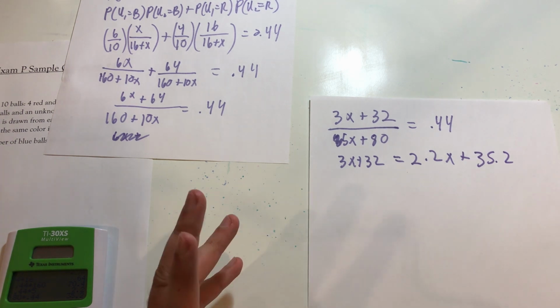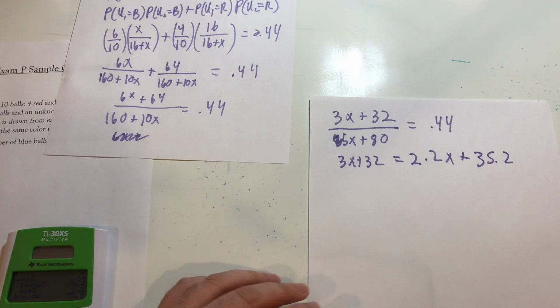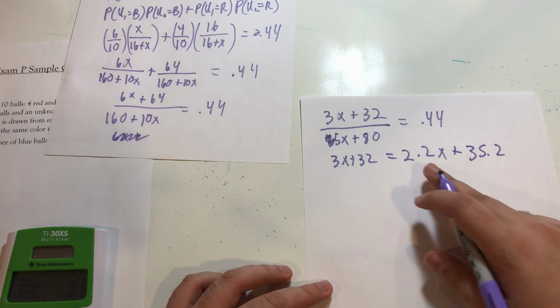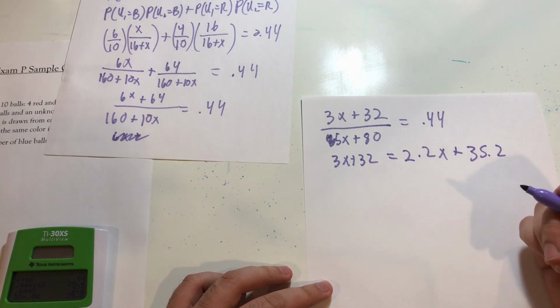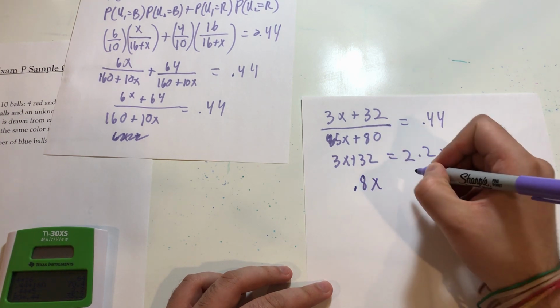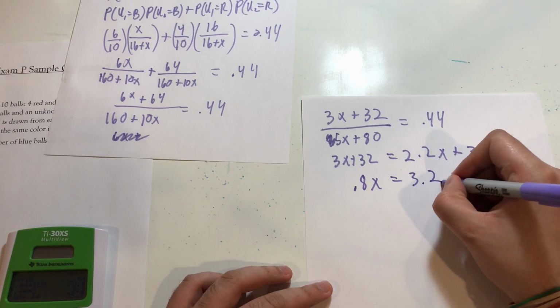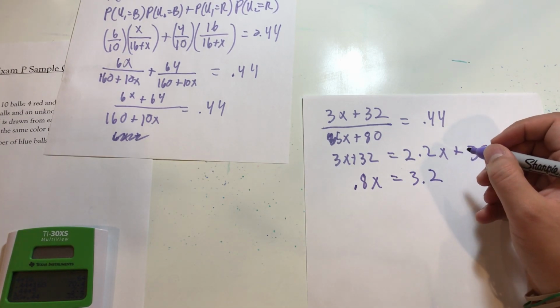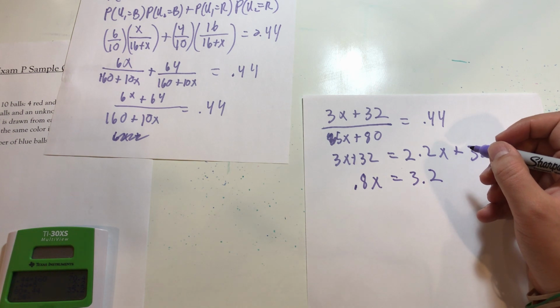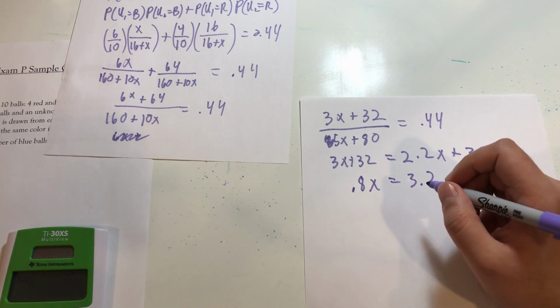Okay, now I can bring everything to one side and solve for x. So I'll bring the 32 over here, and I'll bring the 2.2x over here, and I'll get 0.8x is equal to 3.2, and I'm really hoping this comes out to be a clean number. So 3.2 divided by 0.8.